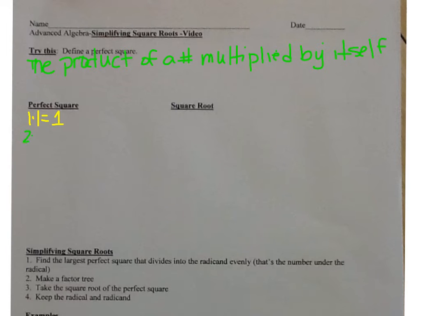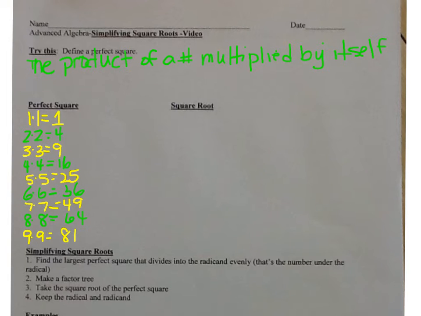2 times 2 is 4. So 4 is a perfect square. 3 times 3 is 9. 4 times 4 is 16. 5 times 5, 25. 6 times 6, 36. 7 times 7, 49. 8 times 8, 64. 9 times 9, 81.